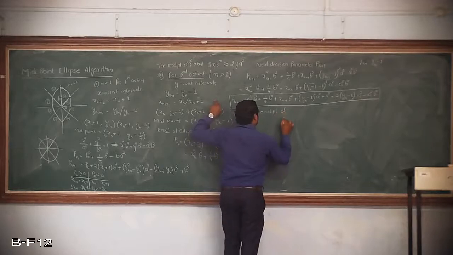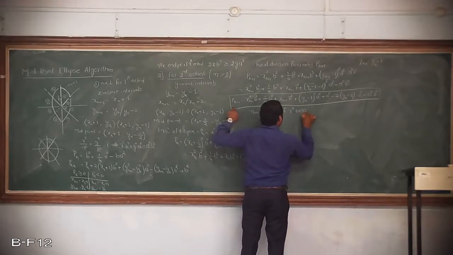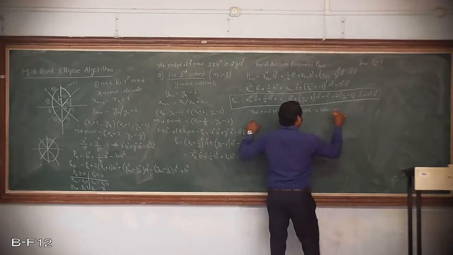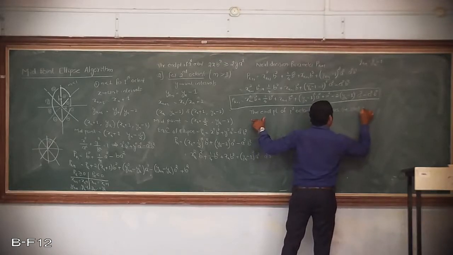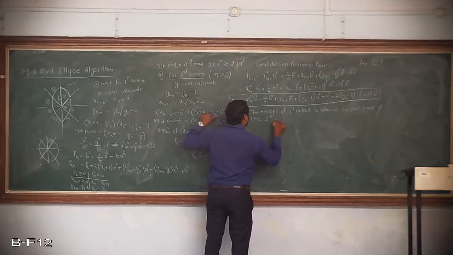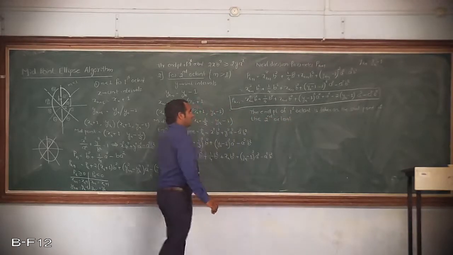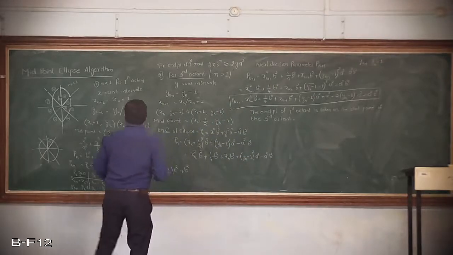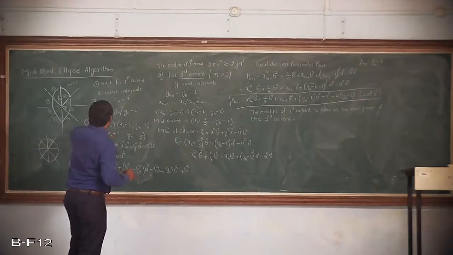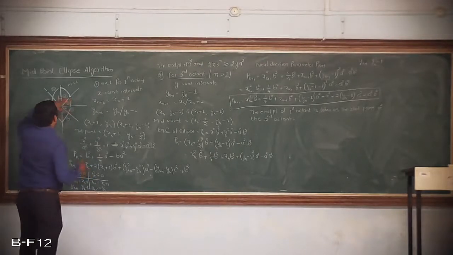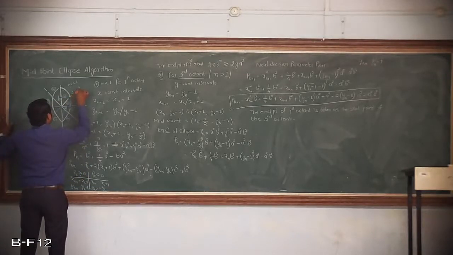Therefore the condition for this can be written as: 2x b² should be greater than or equal to 2y a².